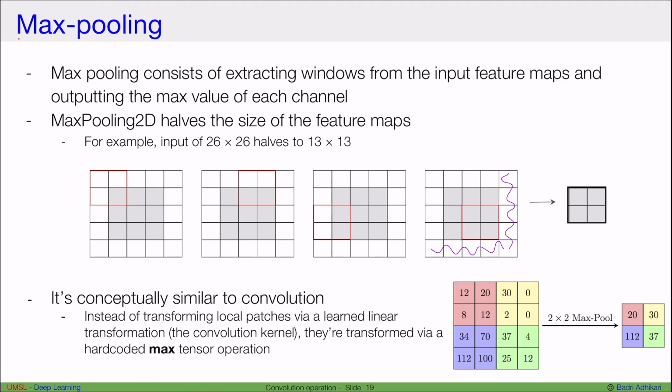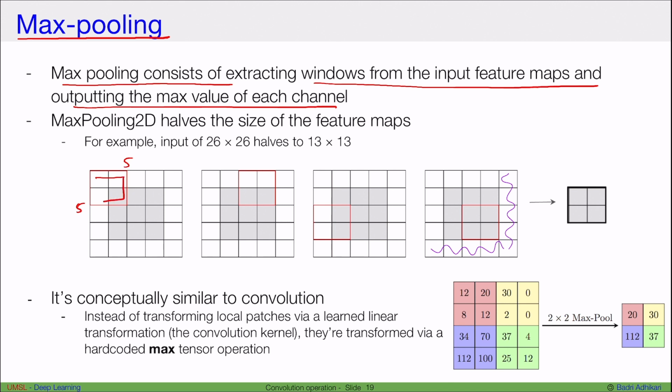Another common idea that's used along with convolutional neural networks is the idea of max pooling. Max pooling consists of extracting windows from the input feature maps and outputting the max value of each channel. For example, if we have, say, a 5 by 5 image like this, then what max pooling does is, say we take a 2 by 2 cell like this grid, calculate the maximum of these 4 values, and keep that as the output in my first cell.